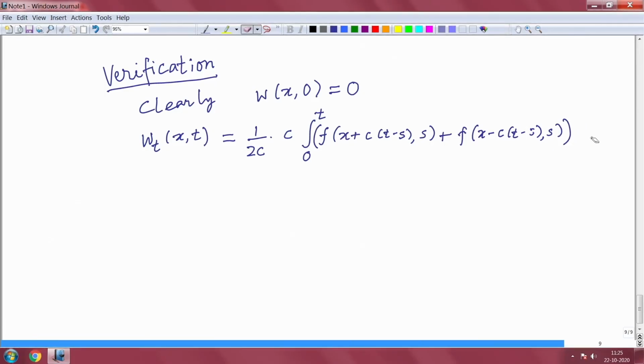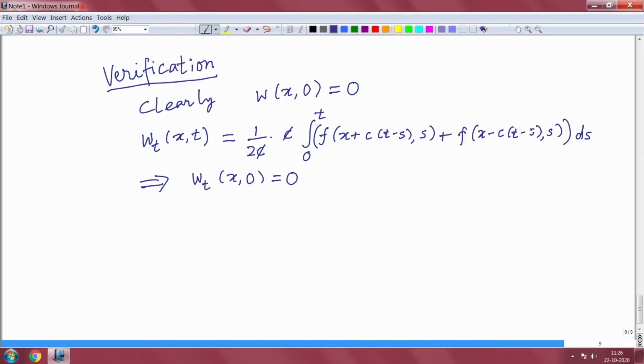Okay. So, after first differentiation, the integration with respect to eta variable disappears. Okay. So, this again immediately gives us, so this c c goes away. So, you have half there, that does not matter, W t x 0 is 0 because this integral itself is just 0. So, it just becomes 0.